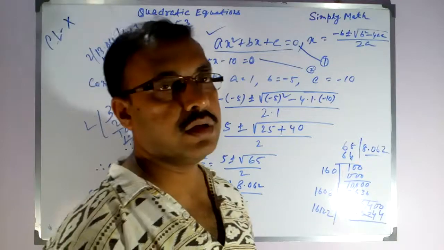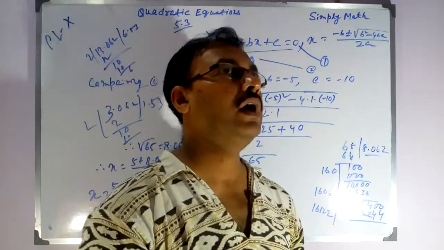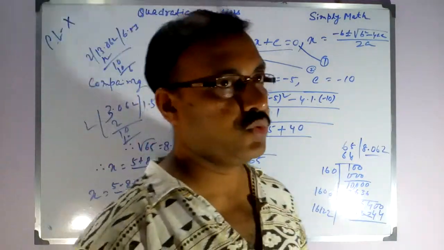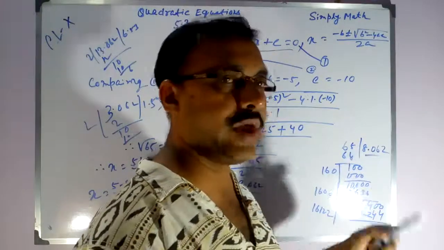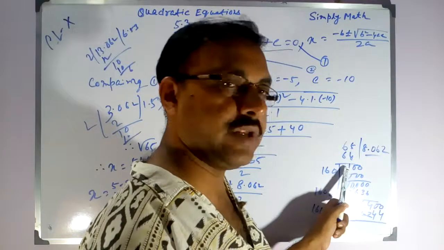So it is simple, you just have to find the value of root 65. What is the process for the value of root 65? Take the square of any number. 8 square is equal to 64. 1 will be the remainder.